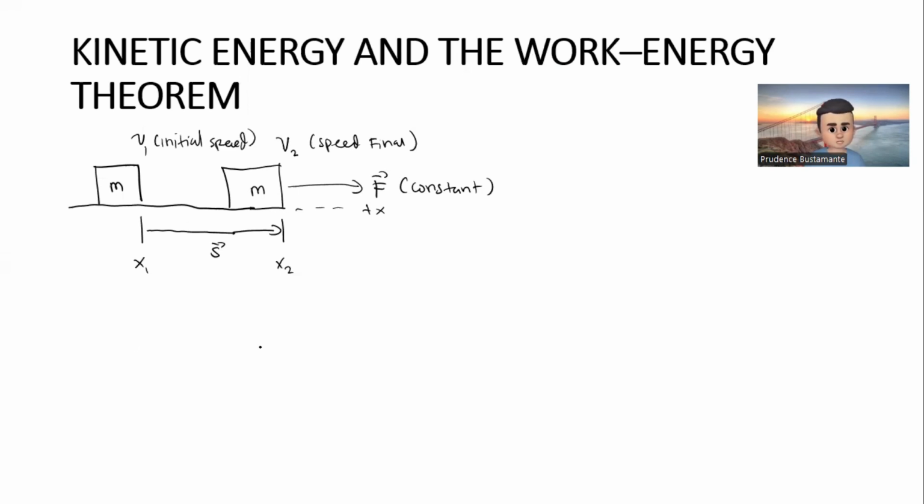So by Newton's law, if the net force is not equal to zero, then we have the mass times the acceleration. Along the x component, since there's no y component here, we have Fx is equal to the mass times ax. So this one is actually accelerating.